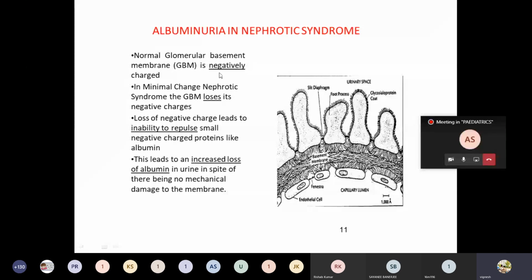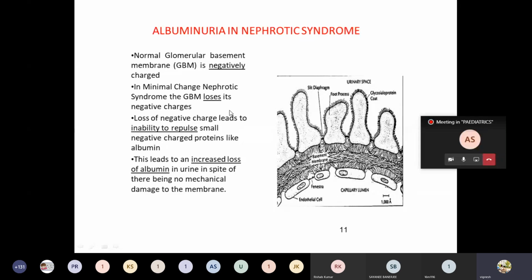Once again, as I said already, the glomerular basement membrane is normally negatively charged. This negative charge helps prevent seepage of albumin from the capillary into the urine.